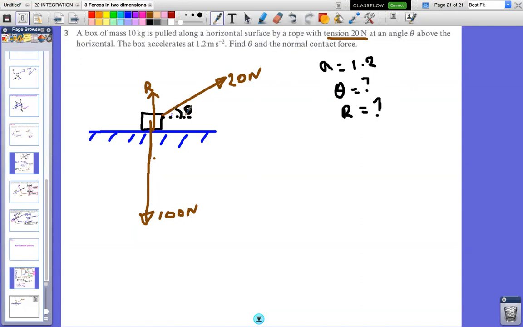We can resolve this 20 newton force into a horizontal component, 20 cos theta, and a vertical component, 20 sine theta.